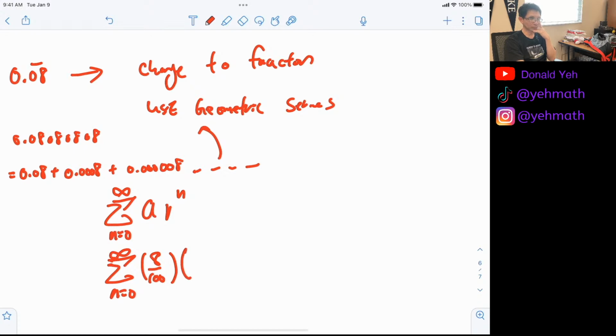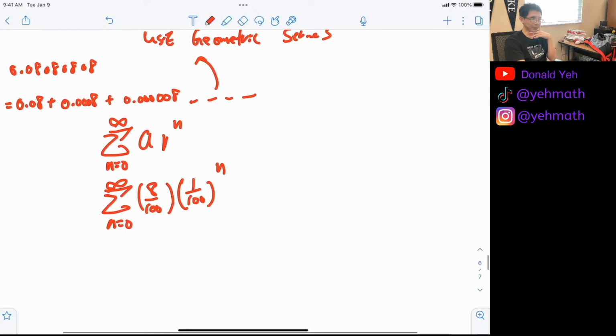That makes sense. I thought 8 would be the answer. So r is 1 over 100, good, and then it's to the n, and then you're done. Your first term is going to be 8 over 100, divided by 1 minus what? The ratio, which is 1 minus 1 over 100.